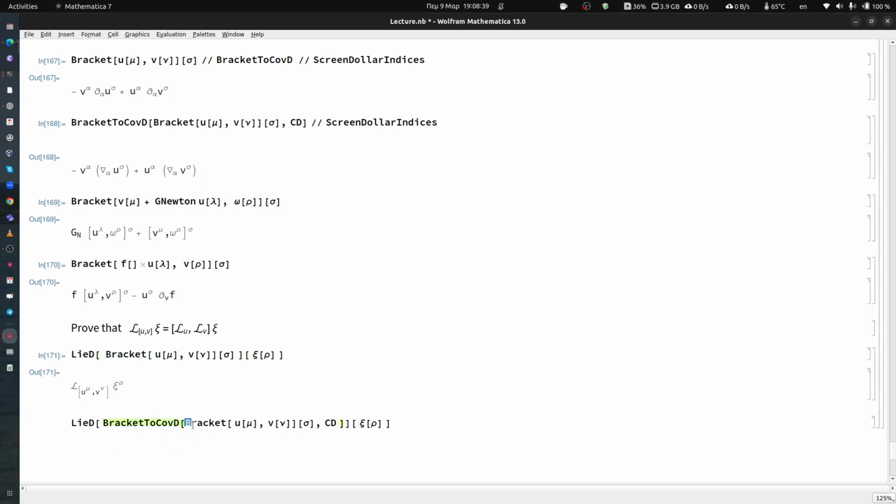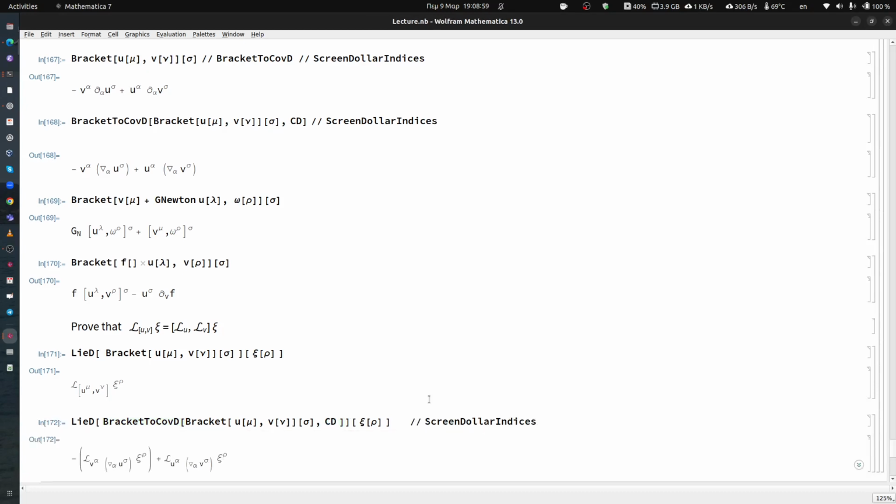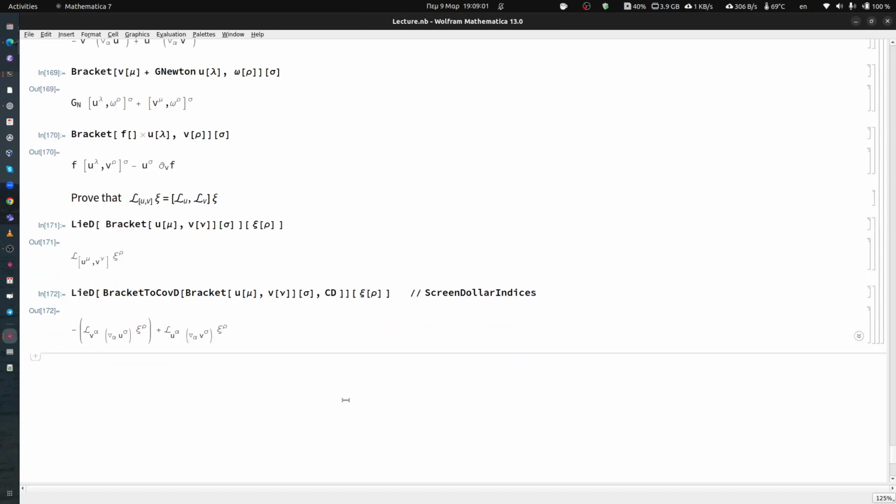So bracket to cov d is applied to this bracket here, and we specify that we want the expression in terms of CD. Let's screen the dollar indices so that we don't see something very ugly, and that is the result that we obtain.